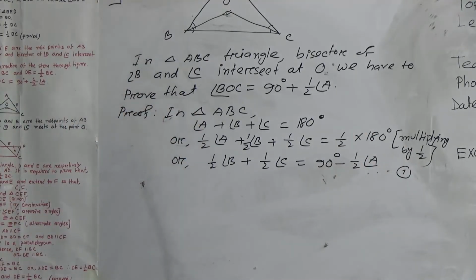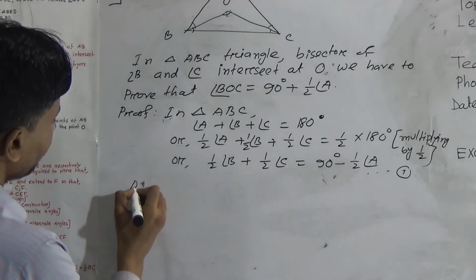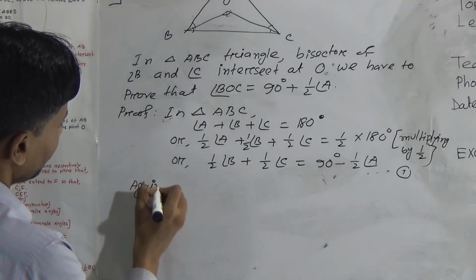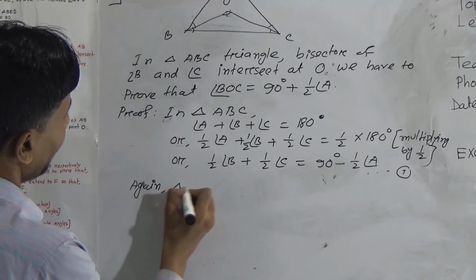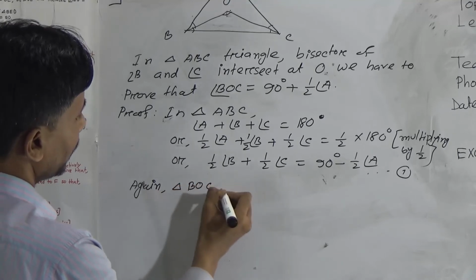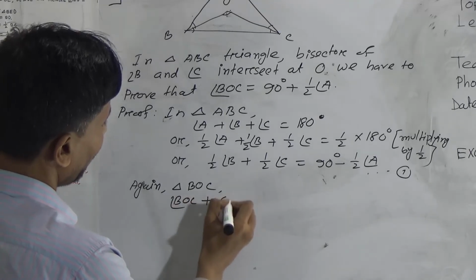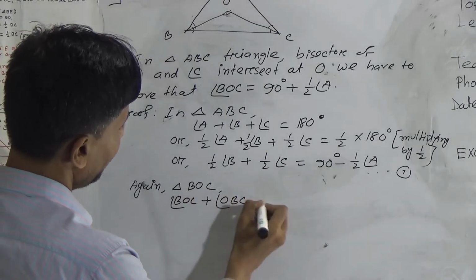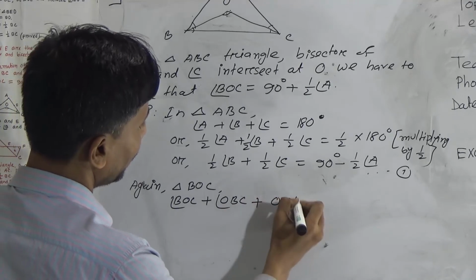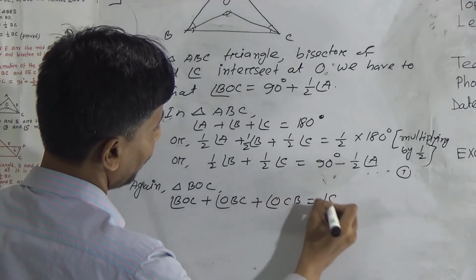Okay, student, now again in triangle BOC, angle BOC plus angle OBC plus angle OCB equal to what? 180 degree.